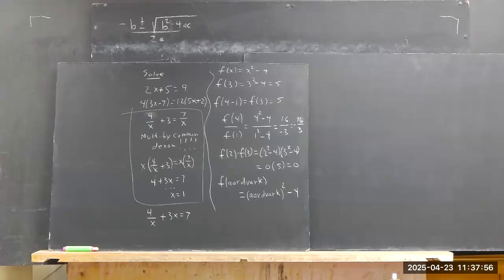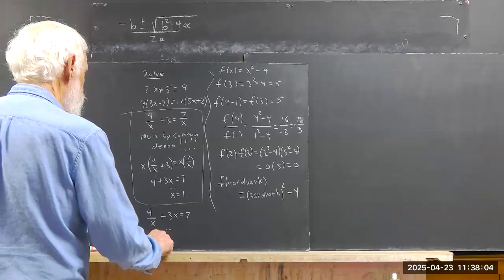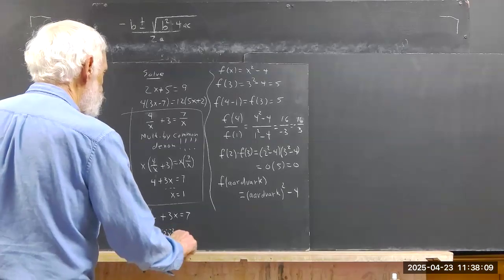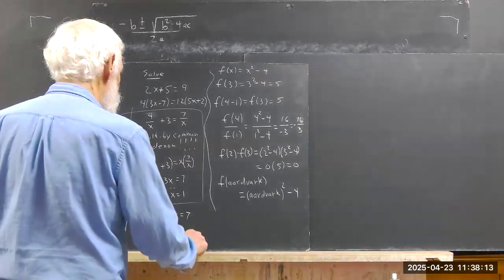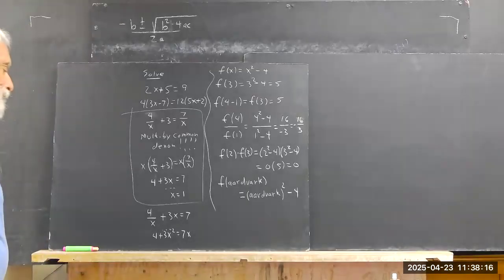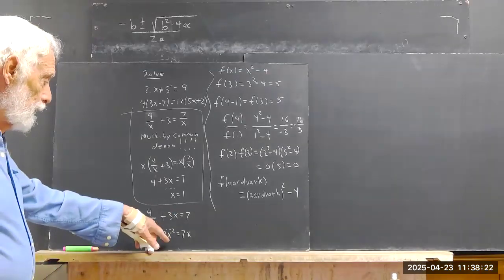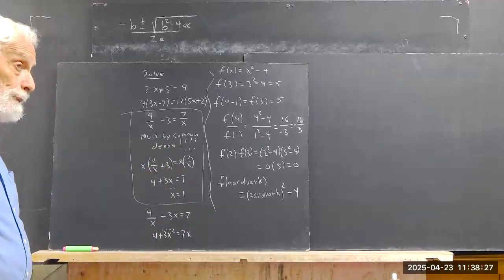Okay, well, you go ahead and multiply by the common denominator, but what you're going to end up with is 4 plus 3x squared equals 7x. I multiply this by x, the x goes away, leaving me 4. Multiply this by x, I'm going to get an x squared. Of course, multiply 7 by x, I get 7x.